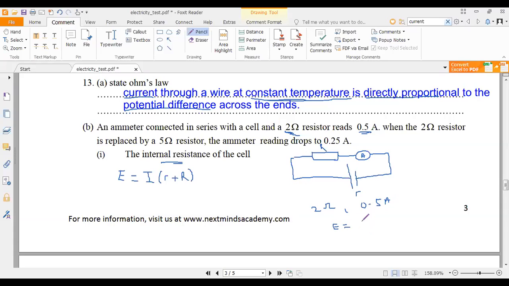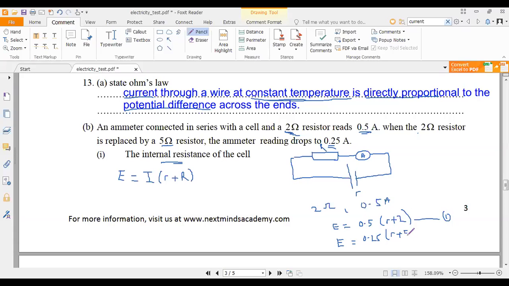equals 0.5 into R plus 2. So if I call this equation 1, I can go ahead now and use the 5 ohms resistor with a reading of 0.25. If I use that, I'll end up getting the equation as E equals 0.25 into R plus 5.